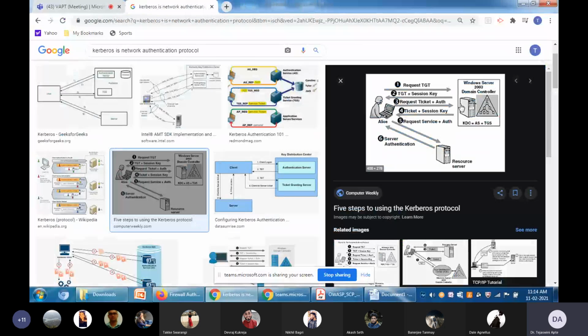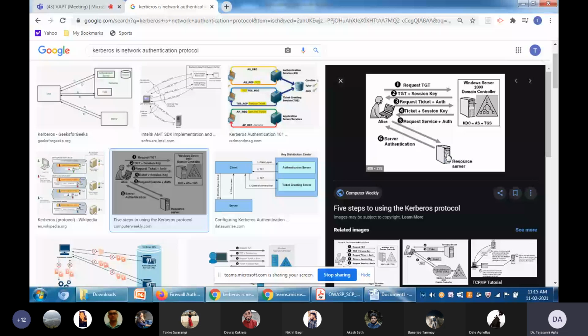Based on this token, the Kerberos server is supposed to embed the session key with the appropriate authentication token. And once the authentication is done successfully, this ticket is transferred to the resource server by the user.